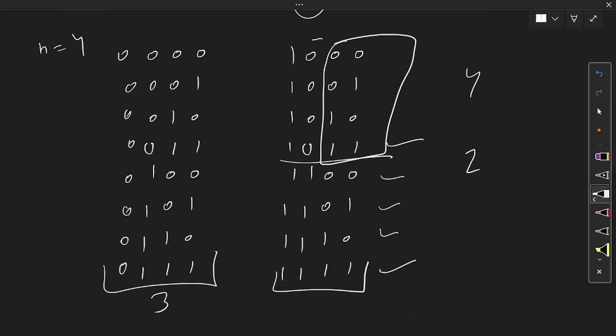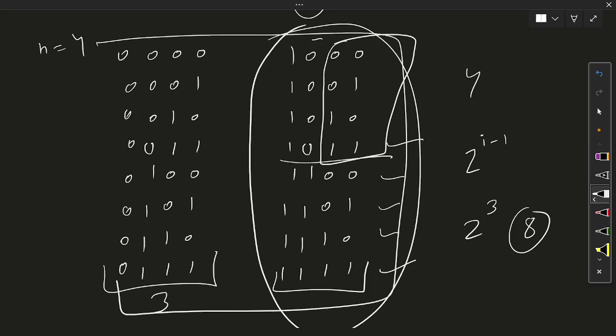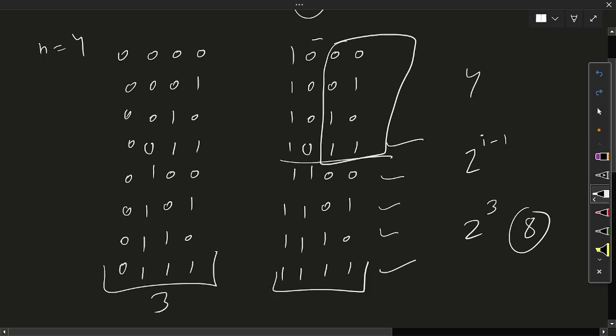So for 2 to the power i minus 1, if I write for 2 to the power 3, which is 8, 8 means this portion. For 4, as you know, this portion is 2 to the power of 4. This place has 2 possibilities, and this place has 2 possibilities.